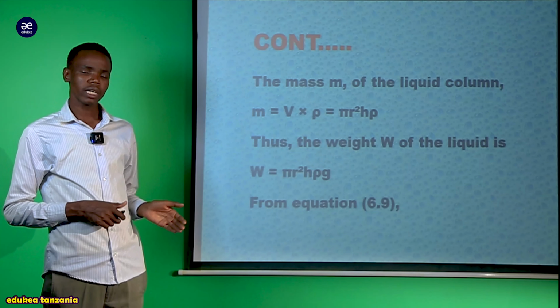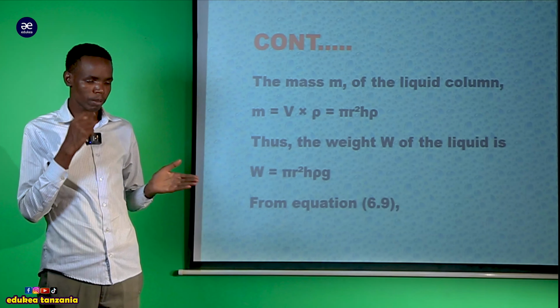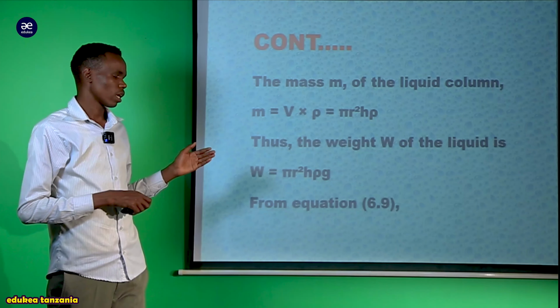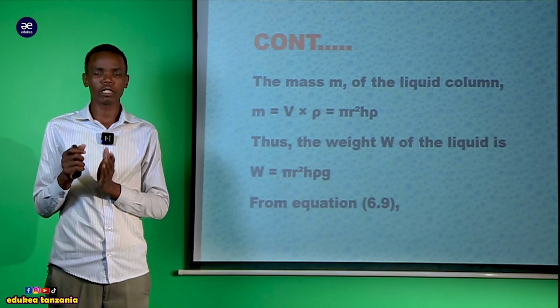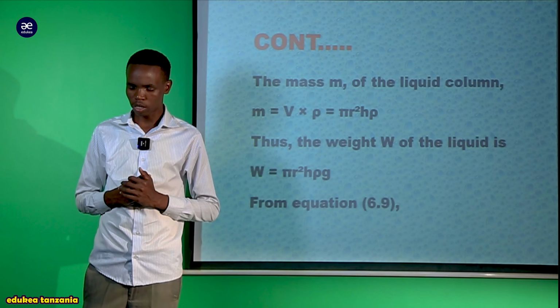Now we should say that W, which represents the weight of the liquid, must be equal to the mass times g. It means mg, where m represents the mass and g represents the acceleration due to gravity.